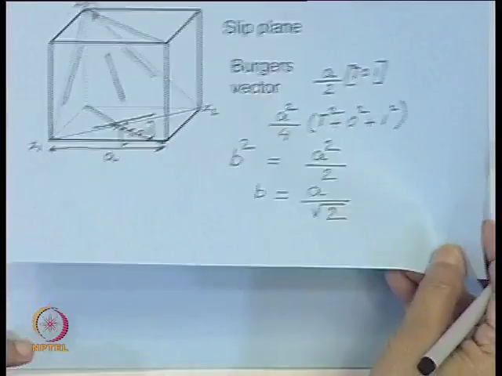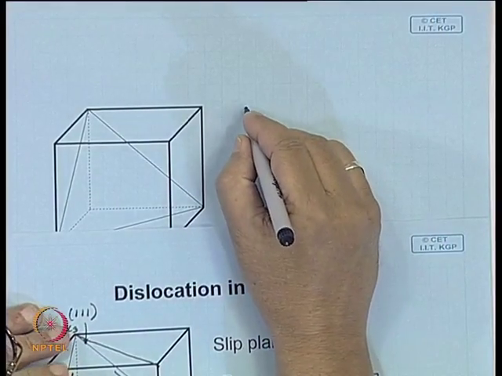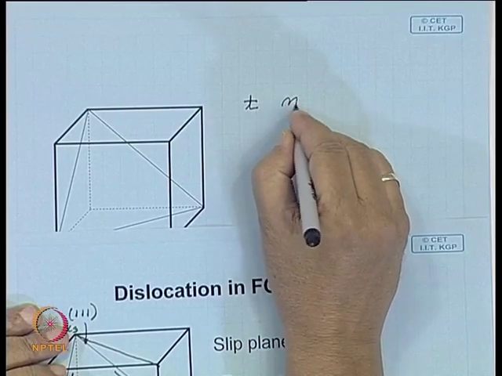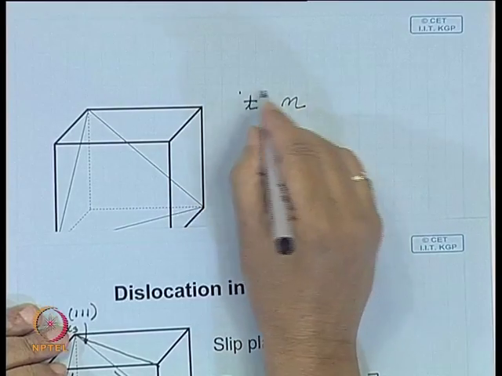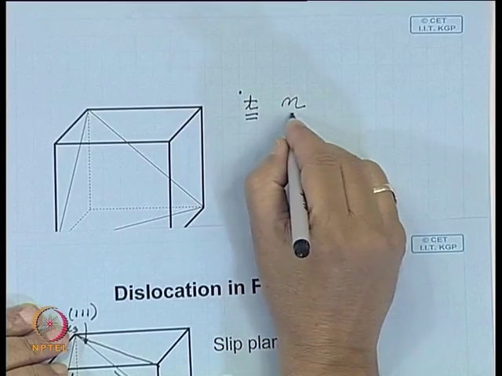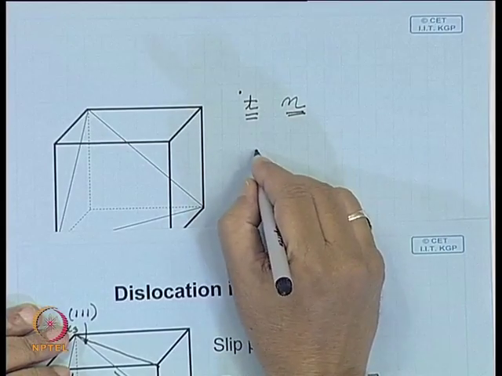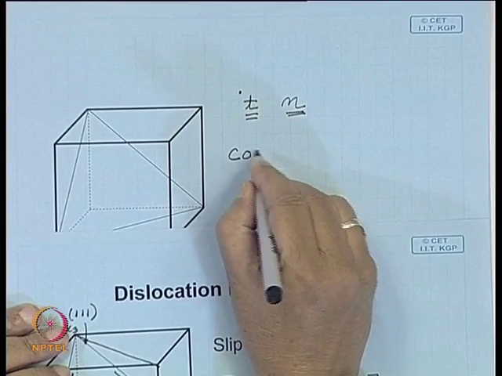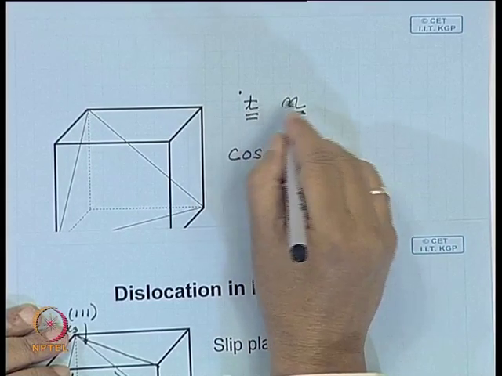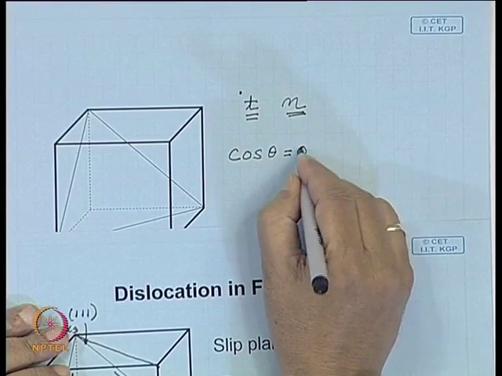If you recollect cos theta, for a direction t to lie in a plane with normal n, it is a vector representation, the angle between t and the plane normal should be 90. So, that means cos theta is 0.